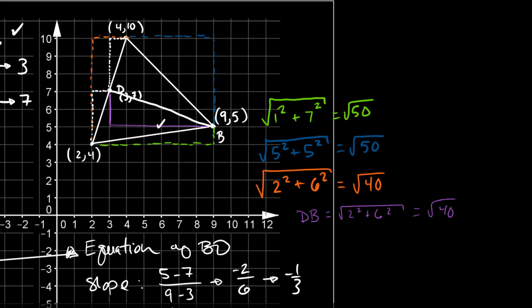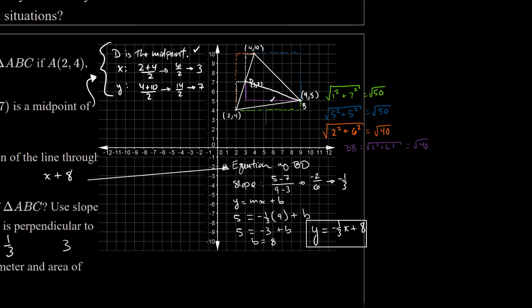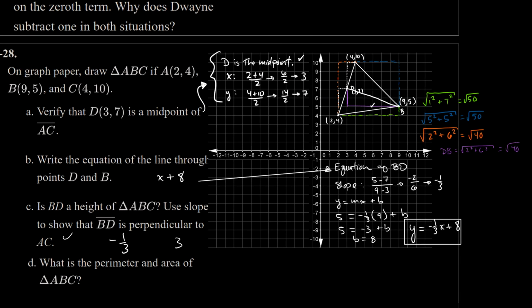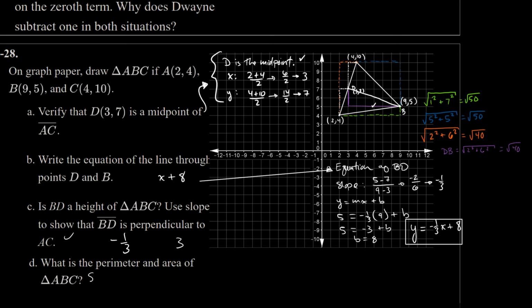If I want to know the area, I multiply the square root of 40 times the square root of 40, which is 40, and then take half of that. So the area of this thing is going to be 20.